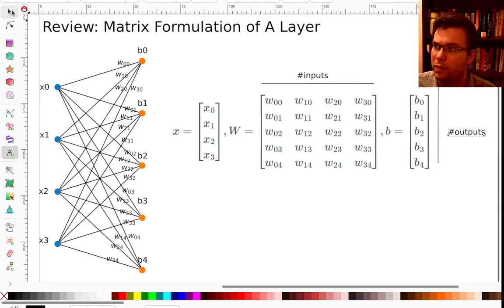And the biases can also be stored in a matrix. Now in this case, I only need 1 column, because I only have 1 bias for every neuron in the output, as opposed to 4 weights for every neuron in the output. So I can store them as a column matrix.